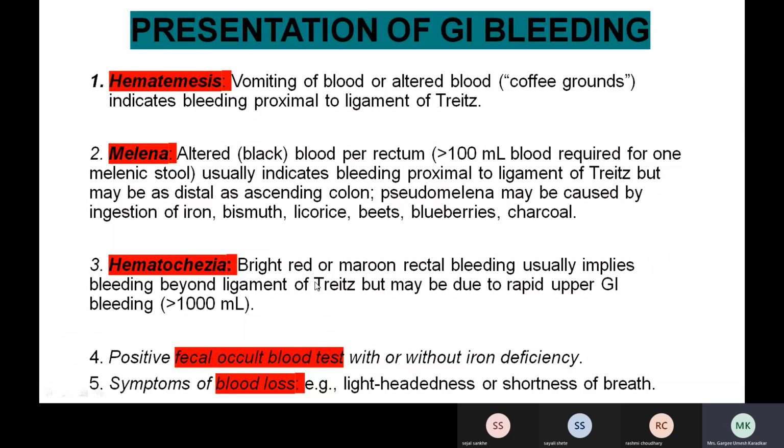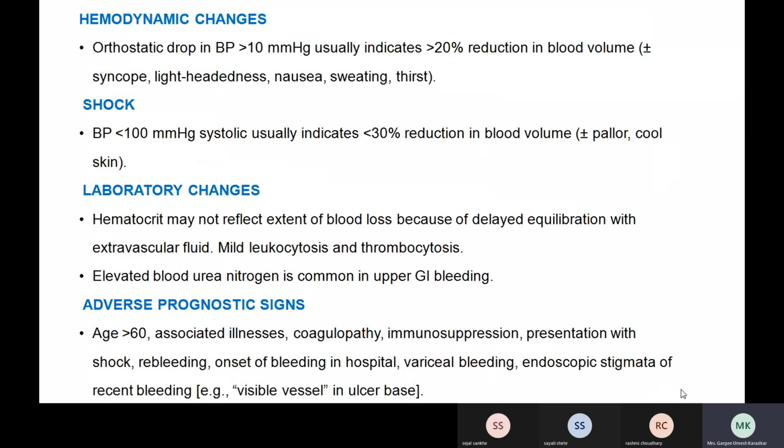It is fresh bleeding, and that is called hematochezia. Then if they do the fecal test or stool test, it will be positive for blood. That is called a positive fecal occult blood test, with or without iron deficiency. Then symptoms of blood loss will be seen: the patient may have lightheadedness or shortness of breath. That is how a patient will present with a GI bleed.